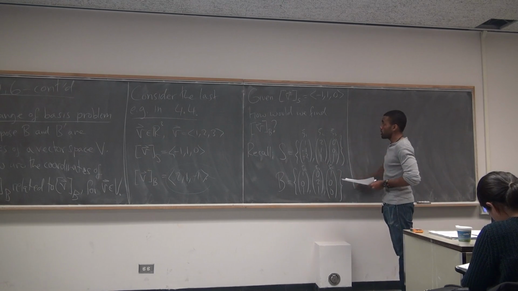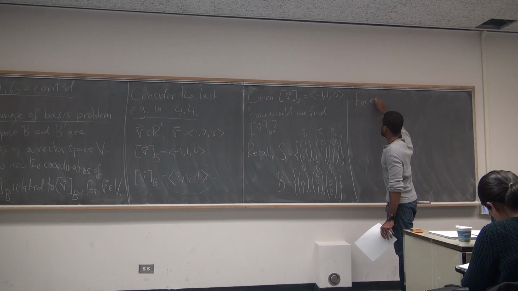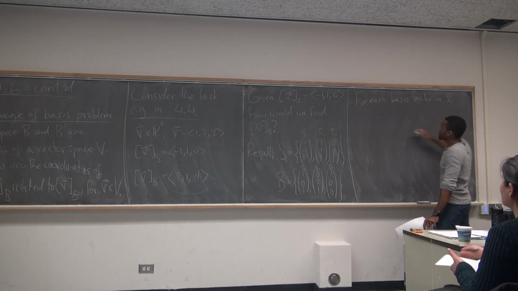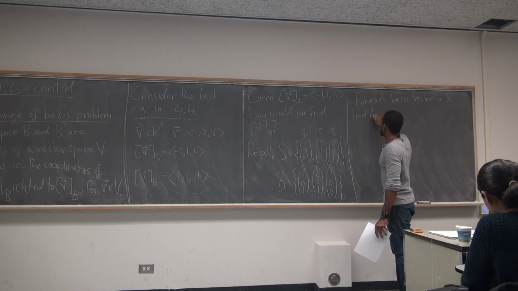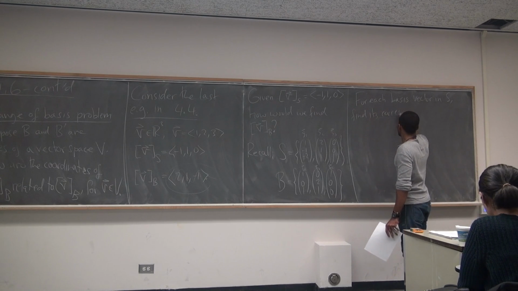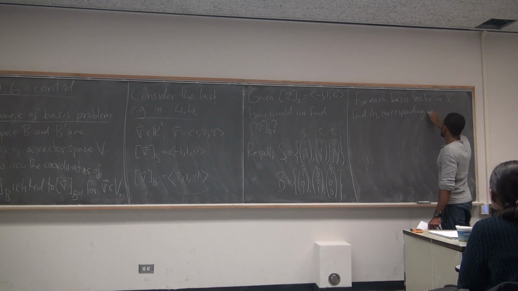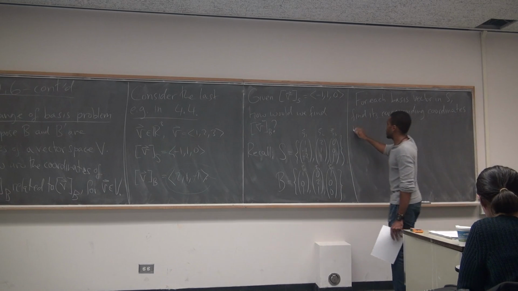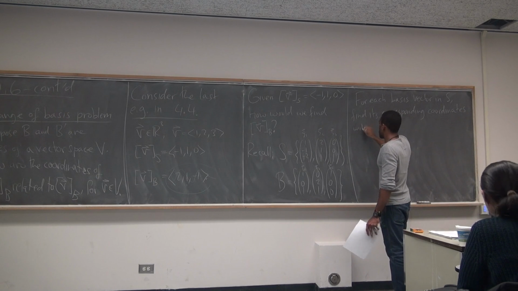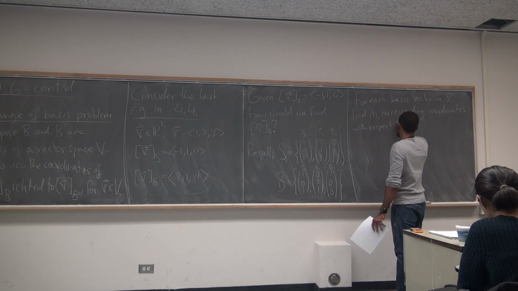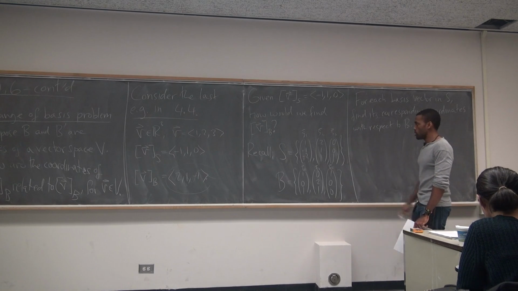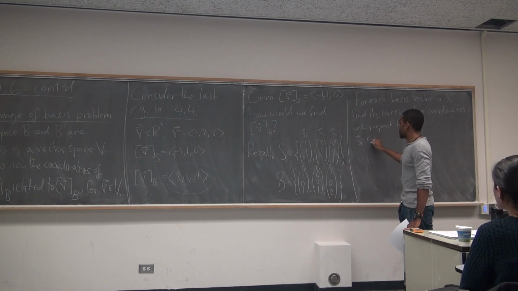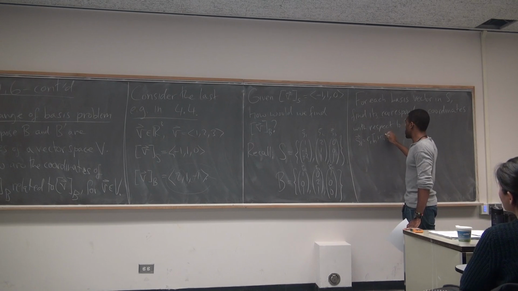Okay, so what we're going to do, since we already know S, for each basis vector in S, find its corresponding coordinates with respect to B. So the idea is I'm going to want to write S1 as C1 times B1 plus C2 times B2 plus C3 times B3.